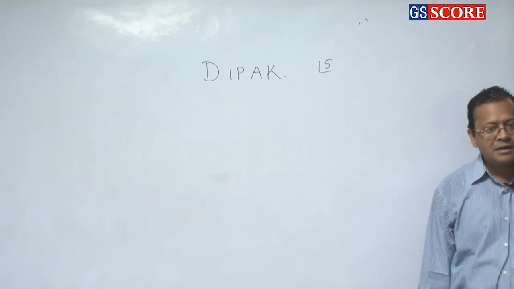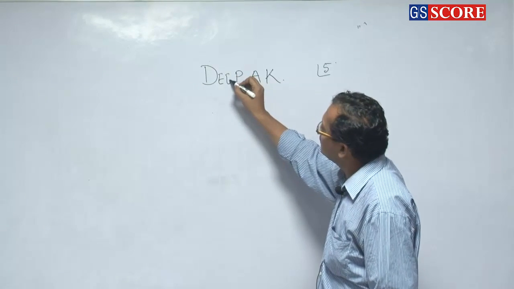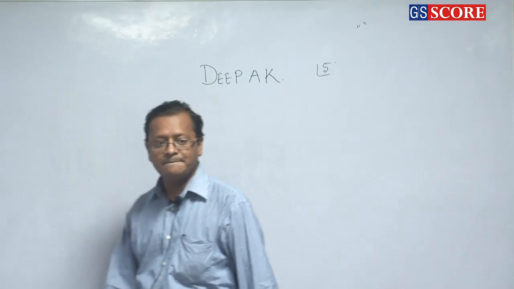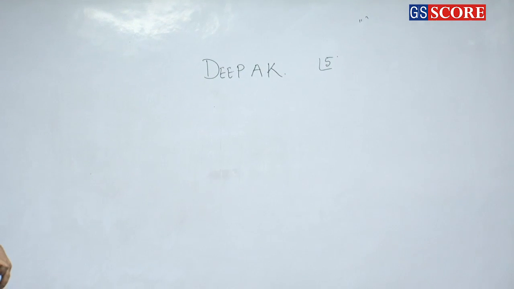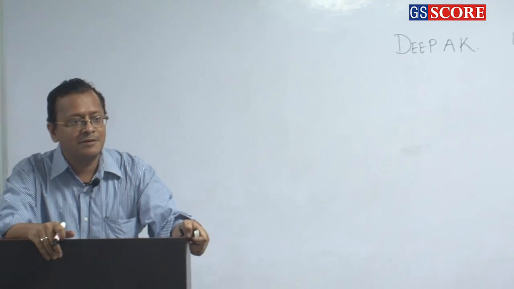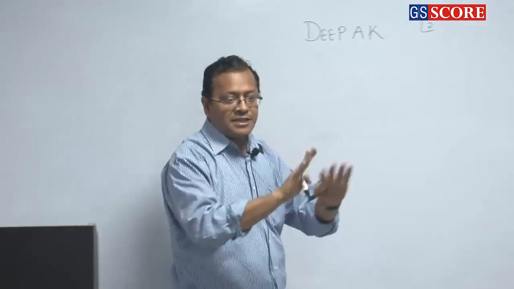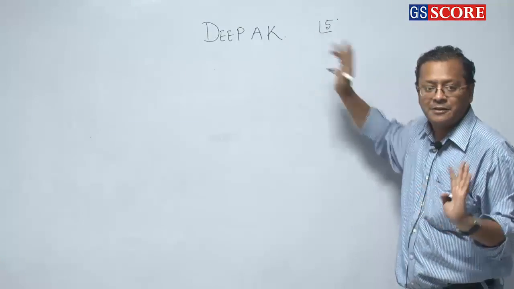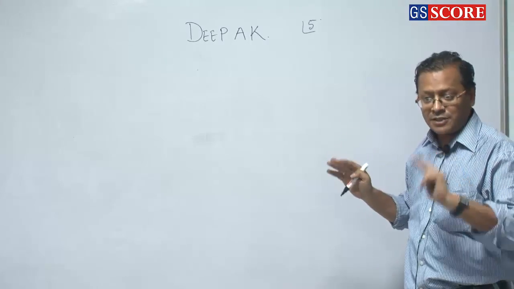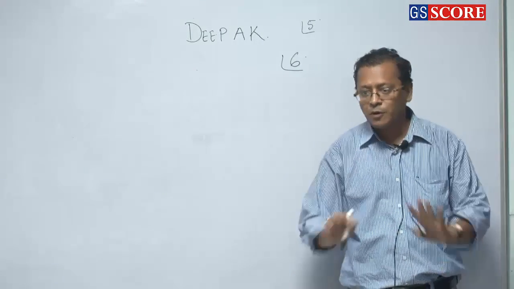Clear or not? But if I spell my name like this, then how many ways can you arrange the letters of the word? Now you can say, sir, there are 6 students whose names are Deepak. Out of these 6 students, the number of ways of arranging is how much? Factorial 6. No problem here?